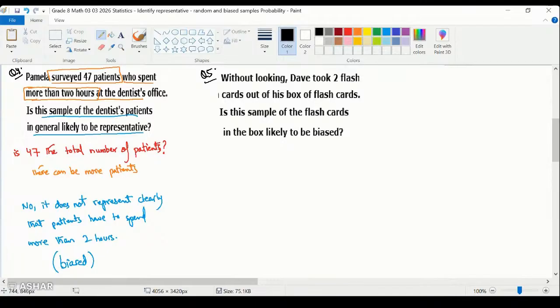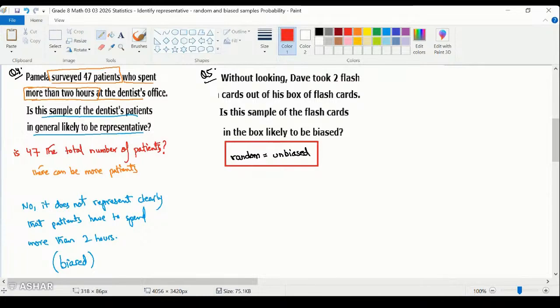From the deck of cards, we spread the cards and pick two cards at random, right? Whenever we see the word random, that means it should be unbiased, because we did not make up our mind on selecting a particular card.